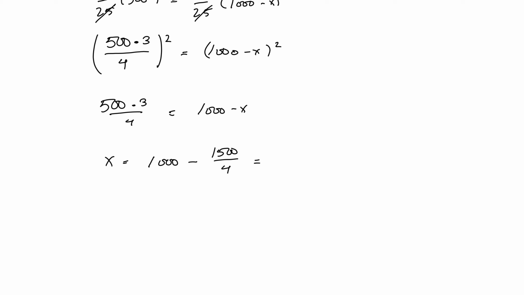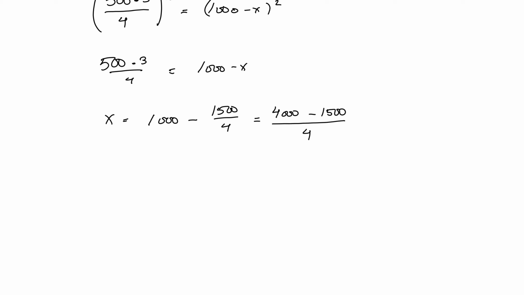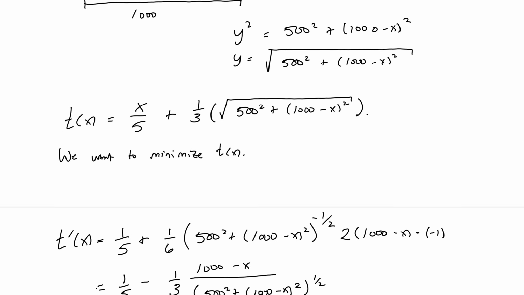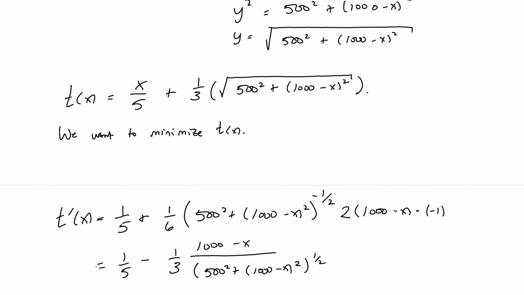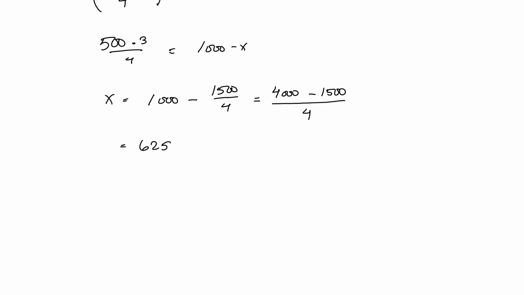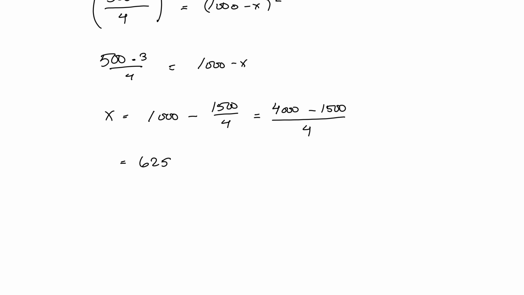So this is 4000 minus 1500 over 4. So this gives me 625. So that's our critical number. So you can see that was a lot of work to figure out what that critical number was, but it was the same process as we always do. We find the equation, we take the derivative, and we solve for when that thing is equal to 0.